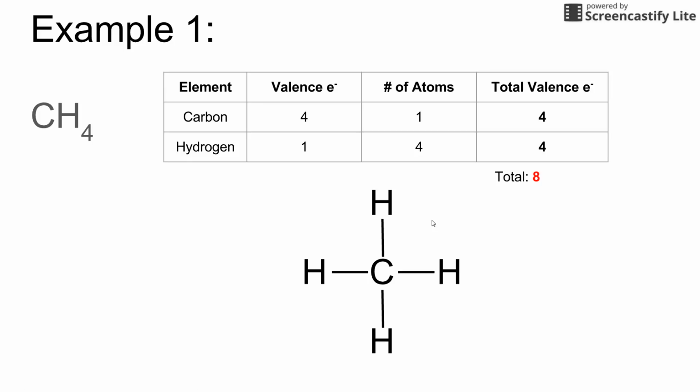The next thing you need to do is verify that these elements satisfy the octet rule. Hydrogen, again, is an exception. It's in period 1 and has only 1 energy level, and at most can have 2 valence electrons housed in the first energy level.